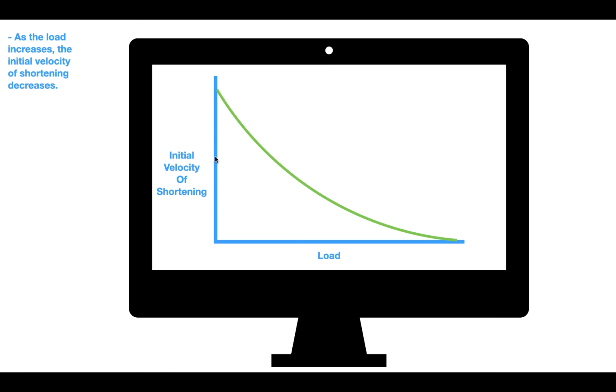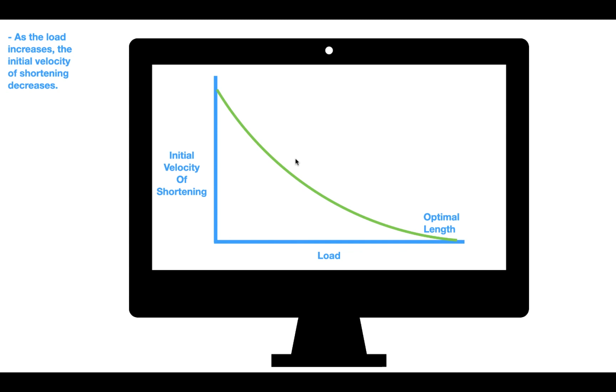Now, the important thing to remember about this is that this graph right here is taking place at the optimal length of the muscle. So for those of you that don't know what this is, muscles have different lengths that produce different amounts of force.